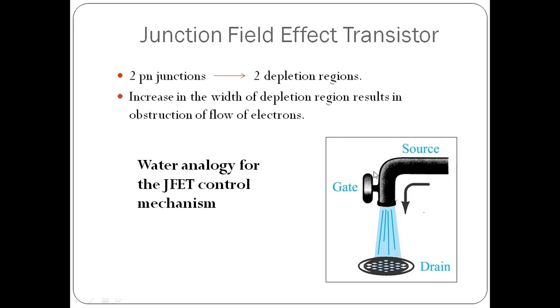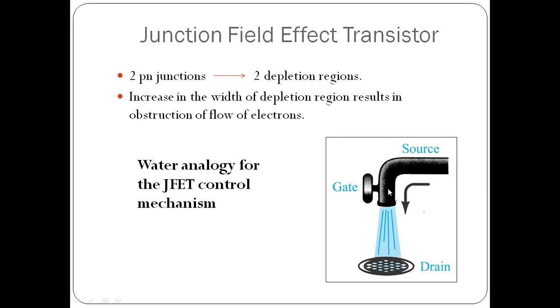Now, the flow of water is controlled by this particular knob. By moving this knob, we can increase or decrease the water flow level. So if we say this knob is the gate terminal, it controls the flow of water level.